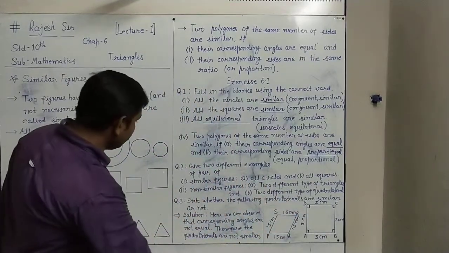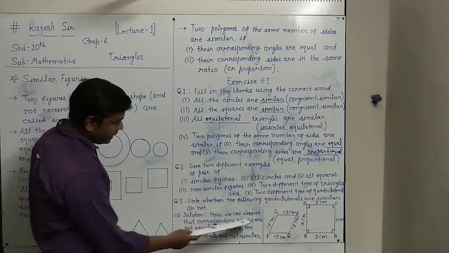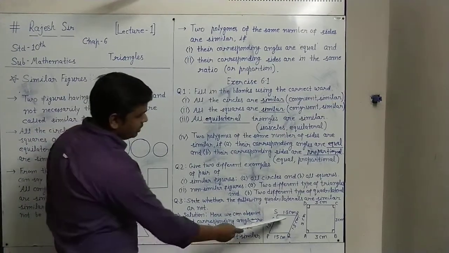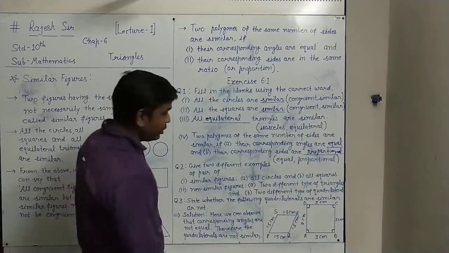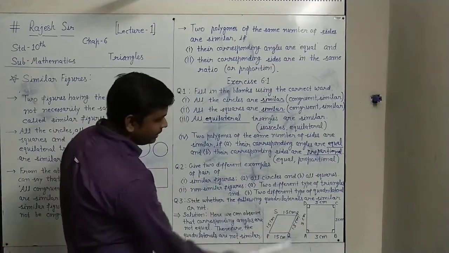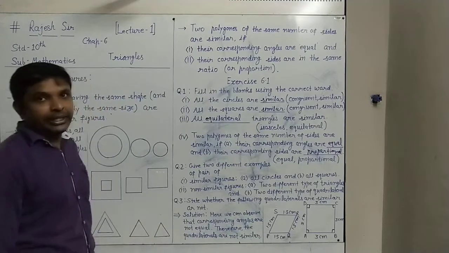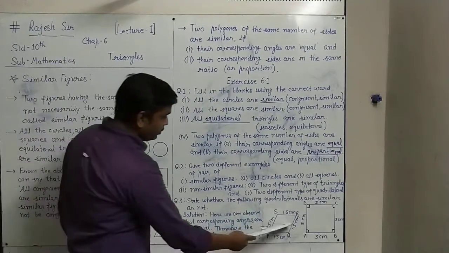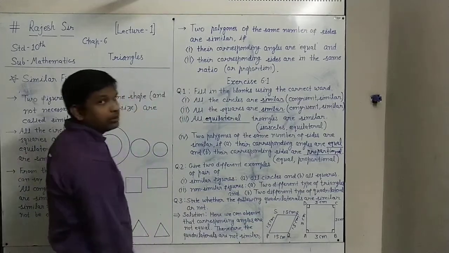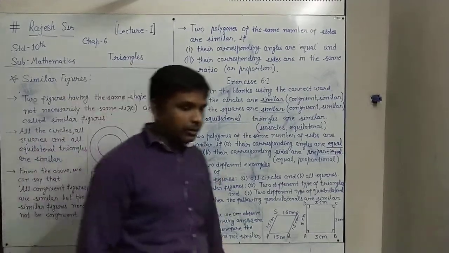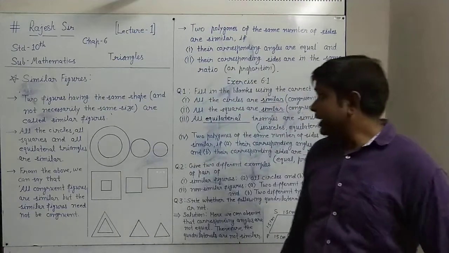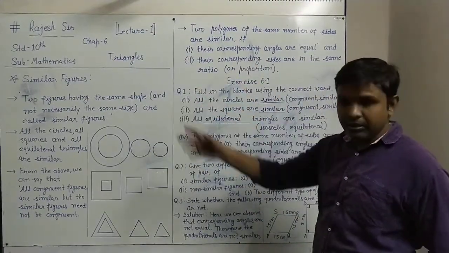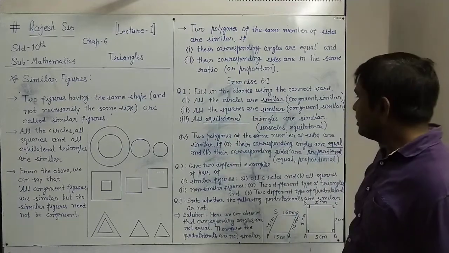That is the reason, in the solution, we can observe that corresponding angles are not equal, because in this all the angles are 90 degrees and here there are no angles of 90 degrees. Therefore these two quadrilaterals are not similar.